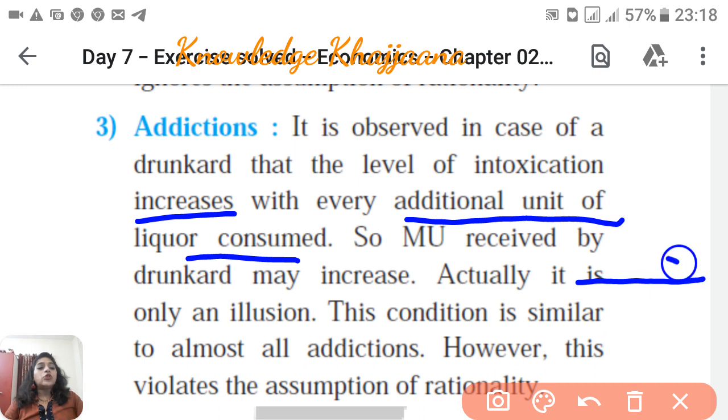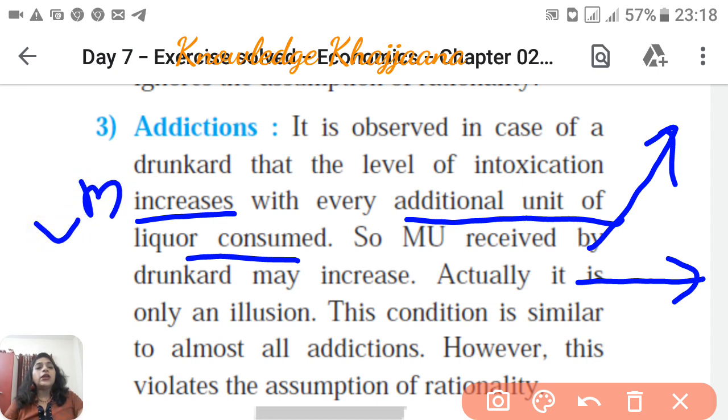With the increase in consumption, his marginal utility goes on increasing because he is an addicted person. So for all kinds of addictions, the law of diminishing marginal utility gets violated, because the satisfaction he receives from consuming more and more additional units of liquor increases.